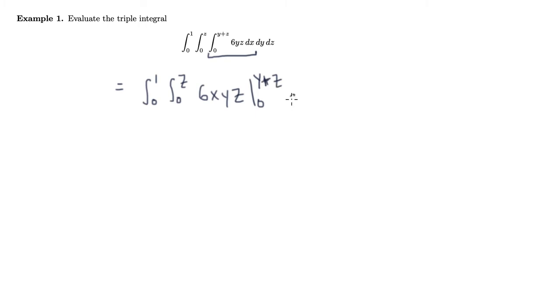Okay, and then we have dy dz. Of course, we're evaluating this function as a function of x. So this is going to be the integral from 0 to 1, integral of 0 to z, and then we just evaluate x at y plus z.